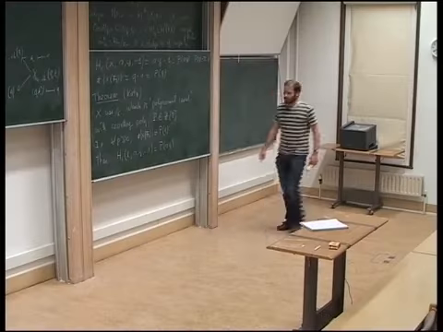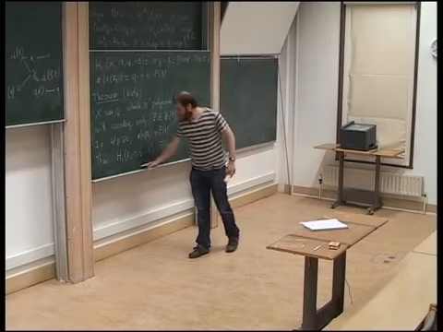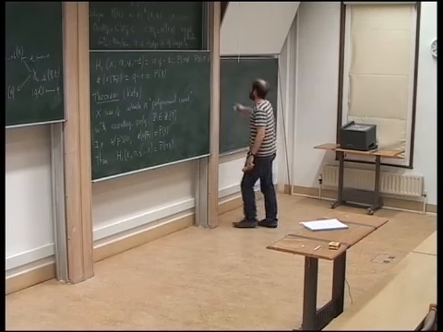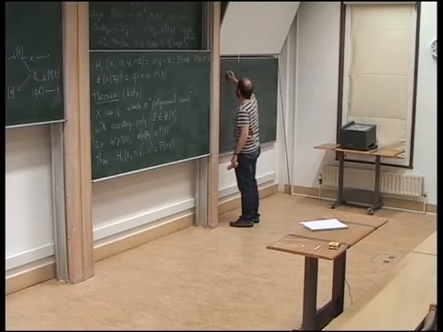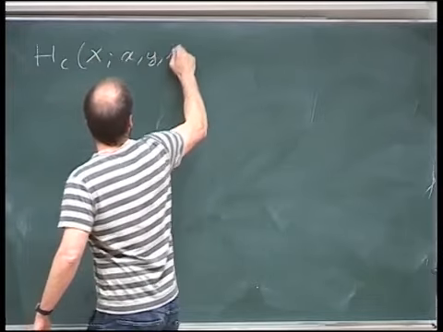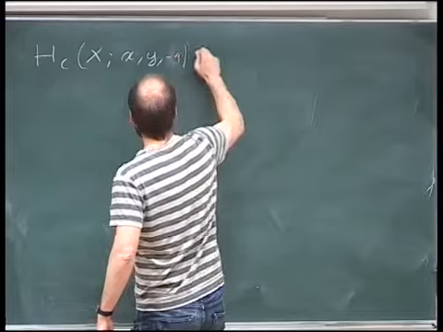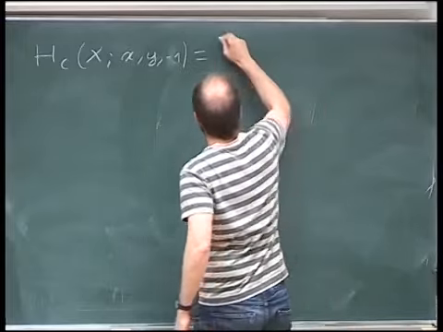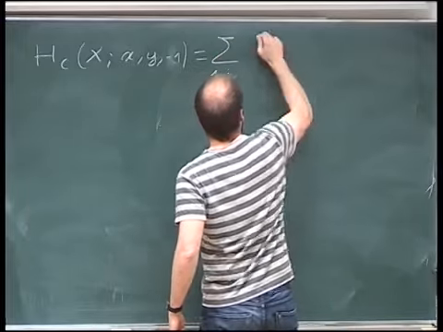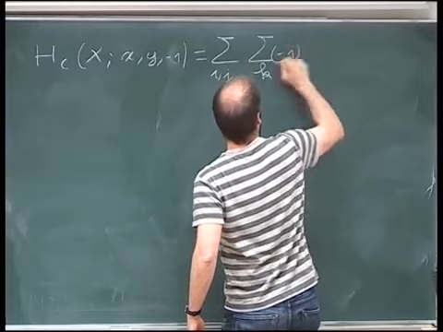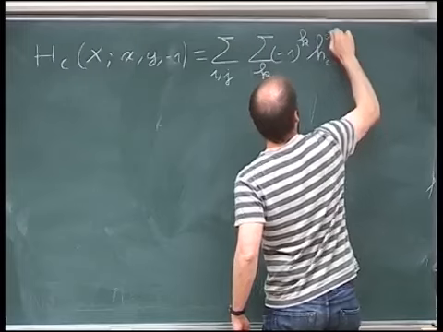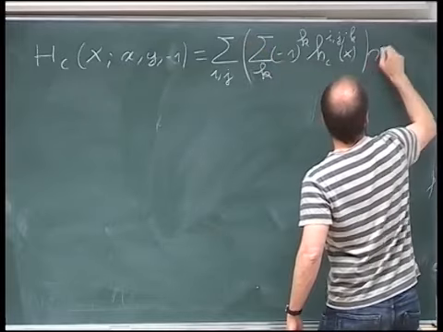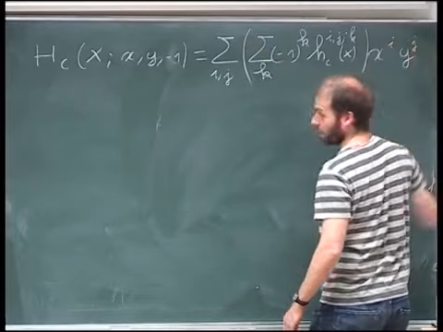In particular, it says as well that this polynomial depends only on the product xy. So it gives you the following information. If I write H of X, xy, t minus 1, this is the sum over i, j, the sum over k of (-1)^k h_c^{i,j;k}(X) x^i y^j.